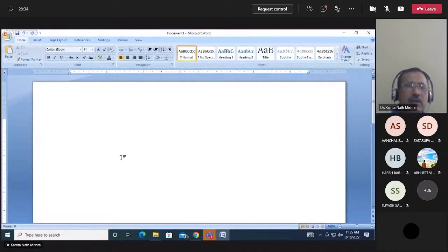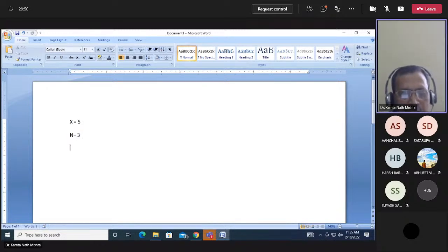Let me increase the size of the screen. If I say x is 5 and n is 3, it means you will compute 5 power 3. It means 5 will be multiplied 3 times: 5 into 5 into 5, and you will get the answer 125.